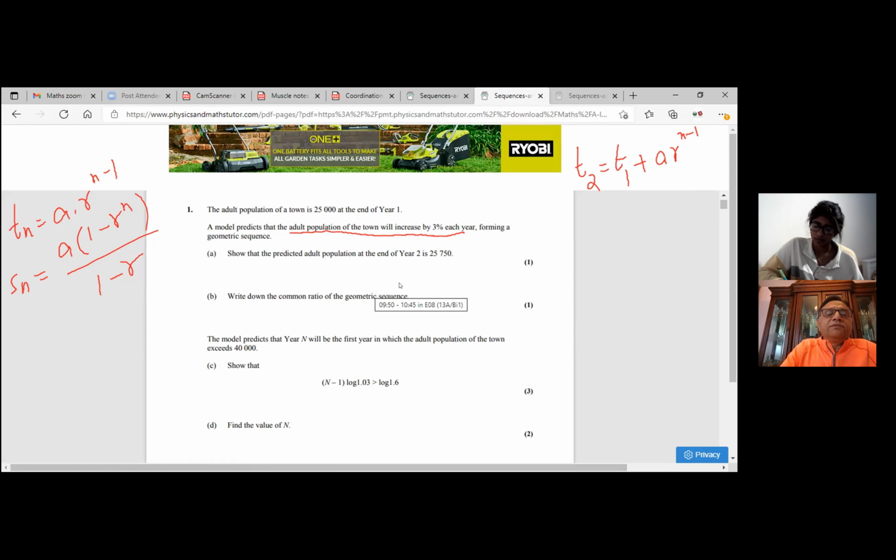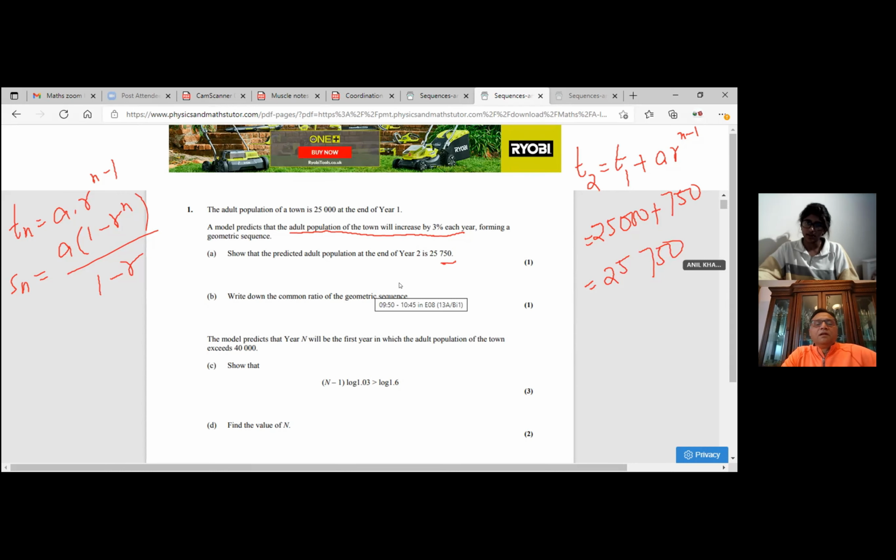So we'll add 750 to it, right? So 25,750. Yeah. So when we figured out the 750, was that just in year one? So 750 is the increase. The question is, the model predicts that the adult population of the town will increase by 3%, right?